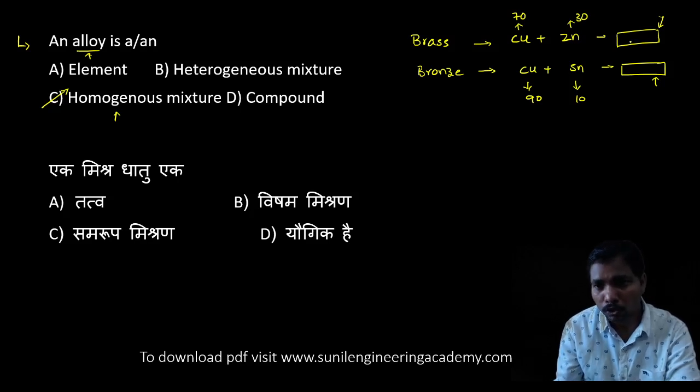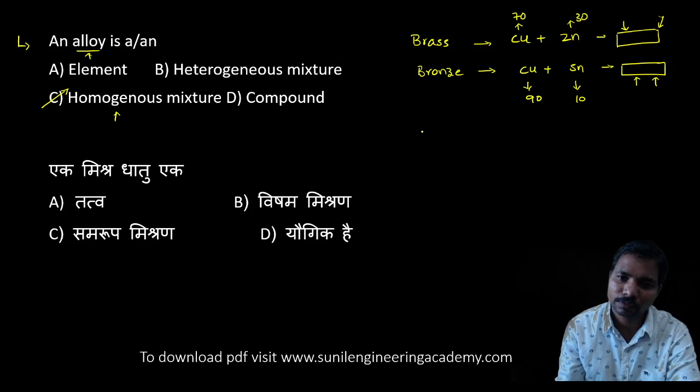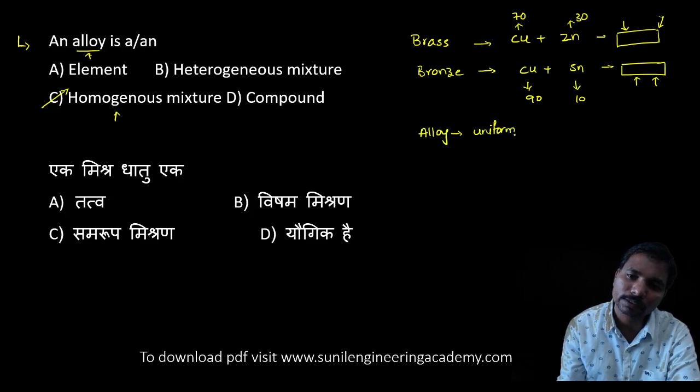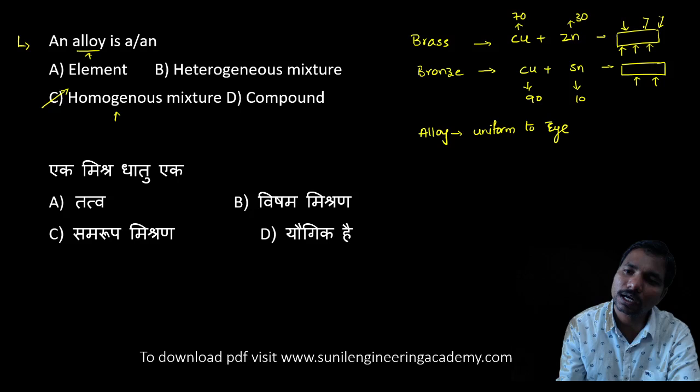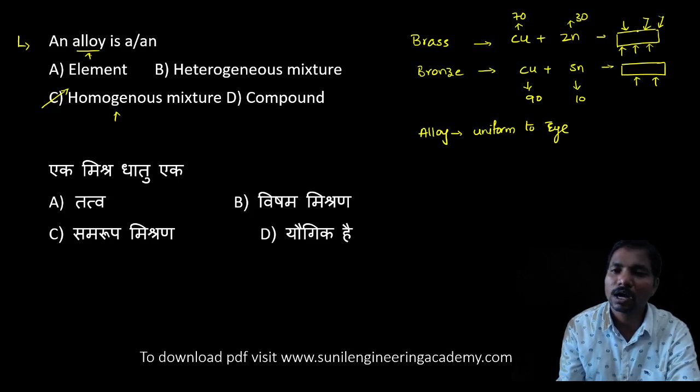If you see brass or bronze, these alloys are uniform to the eye. Correct or not? Uniform to the eye means if you look at this place or that place, whatever the place, all are uniform, the same color.